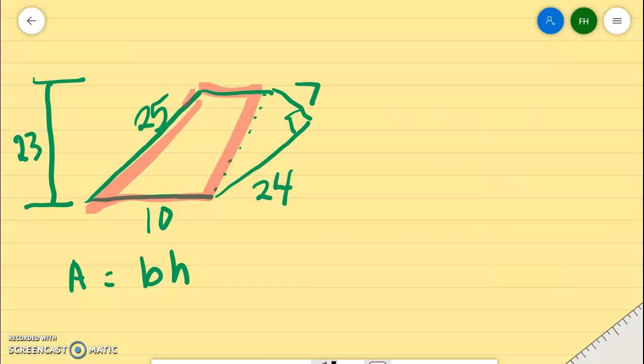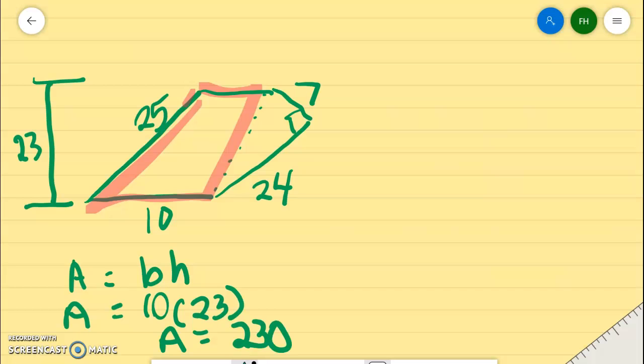So we just do the base and the height, so how tall it is. We know the base, the bottom of it, is 10, and the height is 23. So the area of that would be 230 square meters.